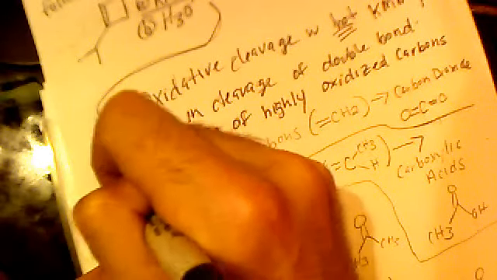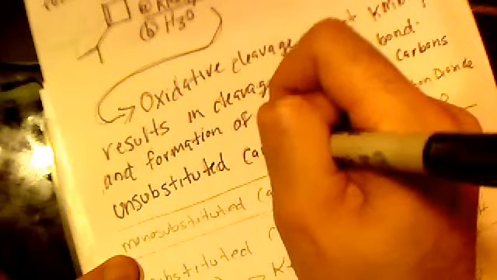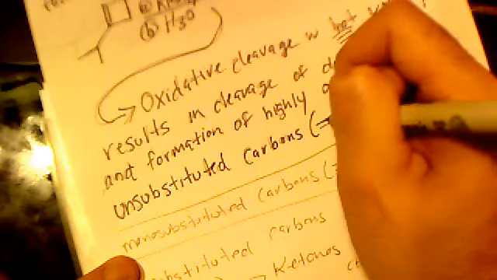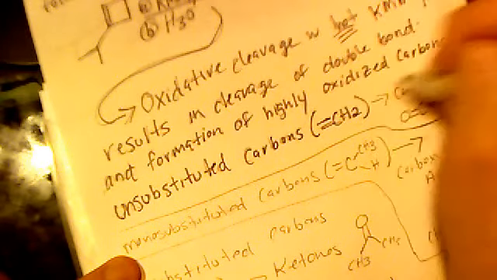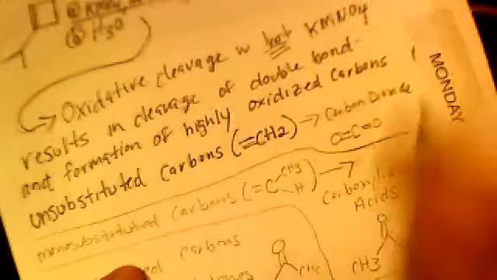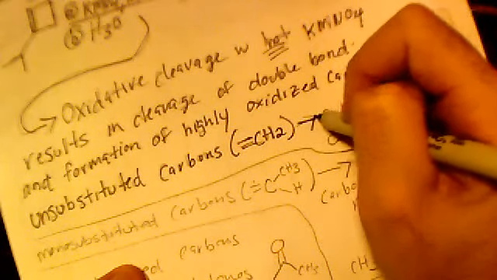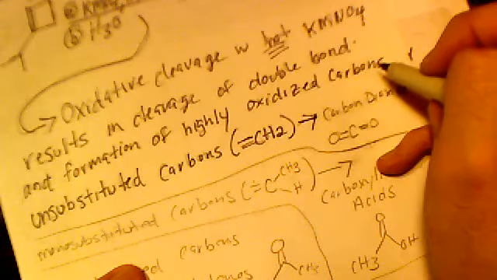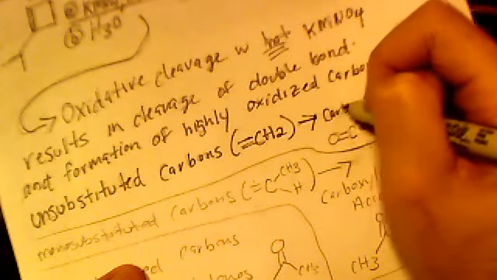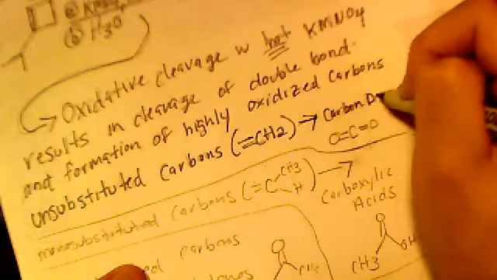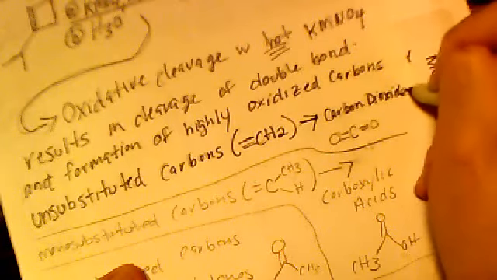So what we should know with this is that unsubstituted carbons, so carbons that are double bonded and have CH2, they're unsubstituted with any other carbons, through oxidative cleavage, they become carbon dioxide.